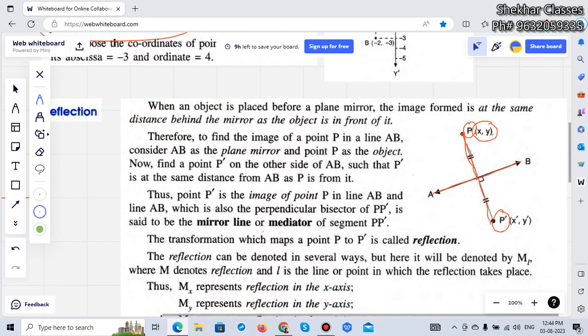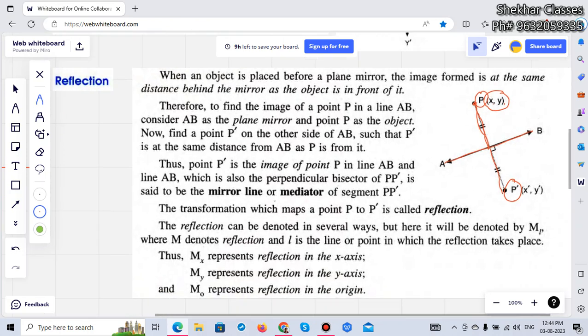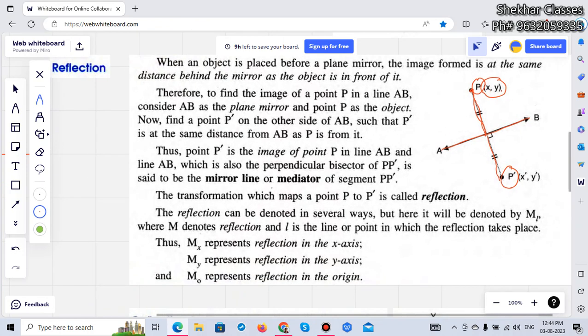So to find the image of a point P in the line AB, consider AB as the plane mirror and P as the object. Now find P dash on the other side of AB such that P dash is at the same distance from AB. So this is called the image. P dash is the image point, and AB is also the perpendicular bisector of this.